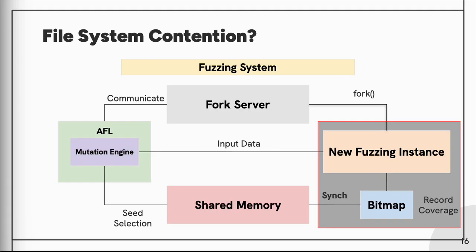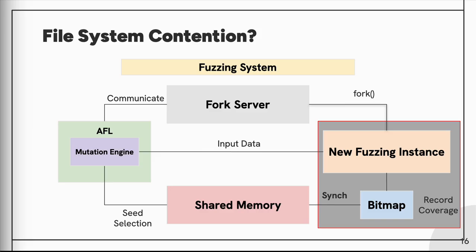So how does file system contention occur? In high-powered machines, like those with up to 120 cores or even more, many files are being created and closed all the time for each test case running, if most of those cores are being used for fuzzing. As the number of fuzzing instances increases, the total number of test cases increases exponentially, since fuzzers will test hundreds to thousands of test cases a second.